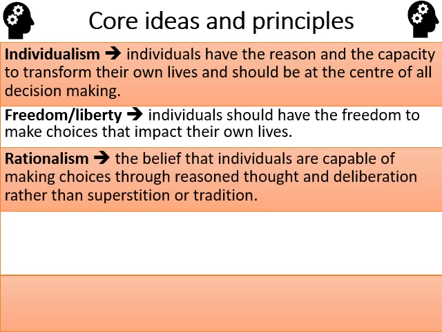The next term is rationalism. This is the belief that all individuals are capable of making reasoned decisions. What this means is it's a rejection of the ideas of conservatism, really.